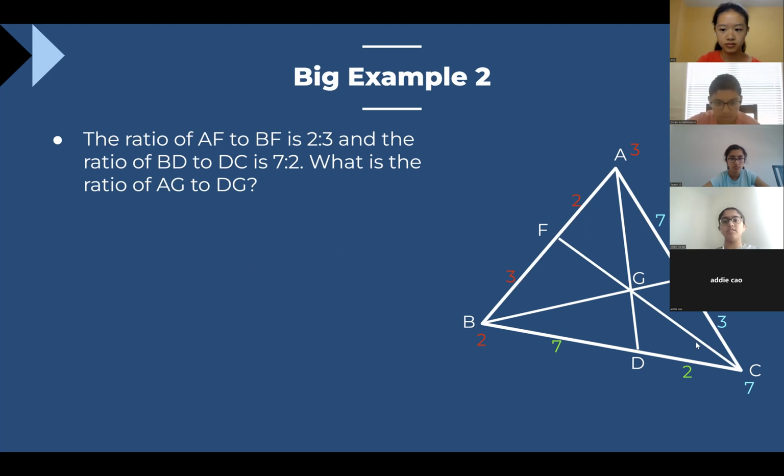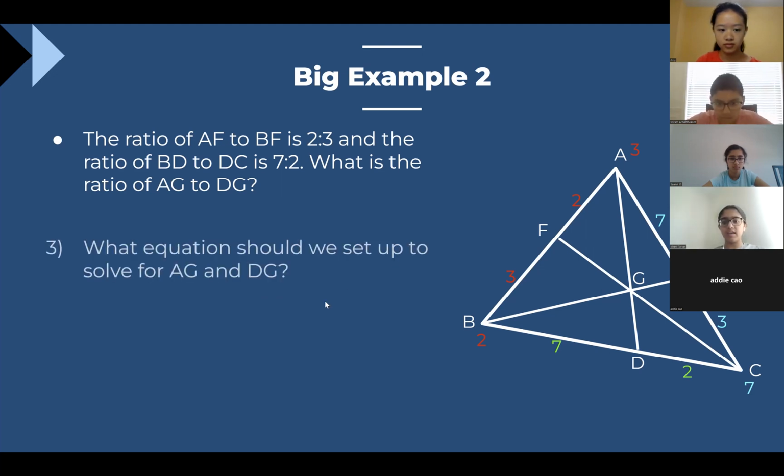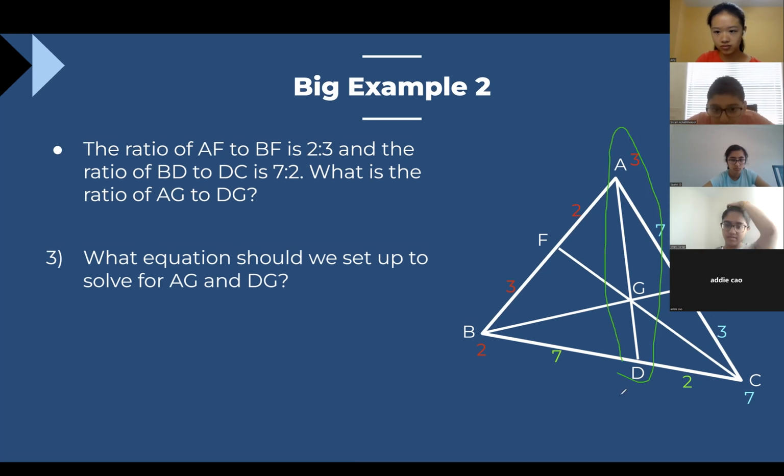So what equation should we set up for AG and DG? Remember that AG and DG are on this middle line, here, as a seesaw. Think about the mass and the distance. What mass is being multiplied by what distance? Set up an equation using that.